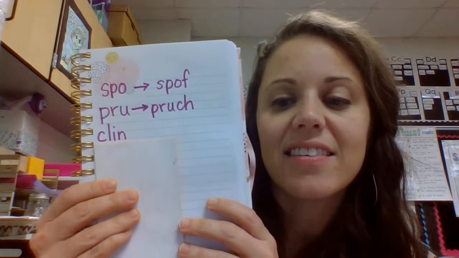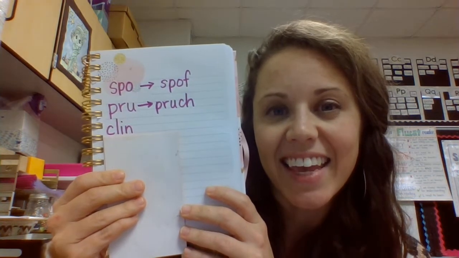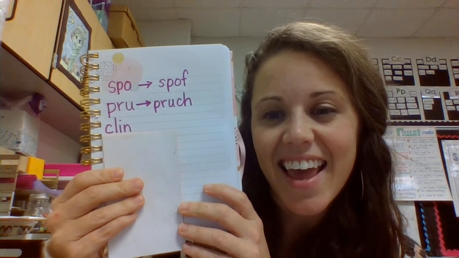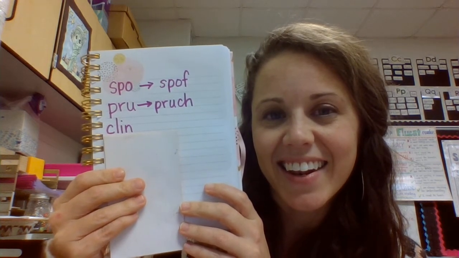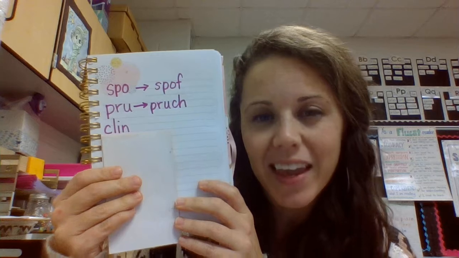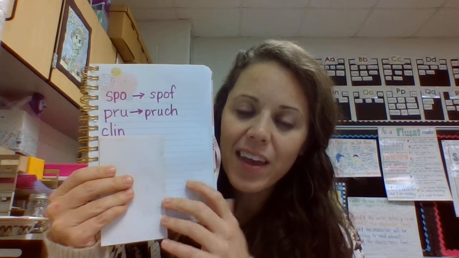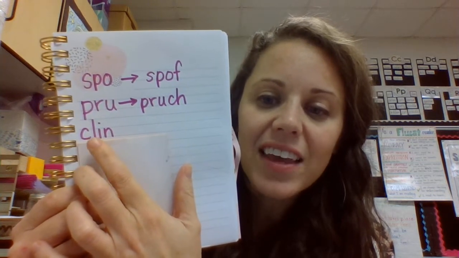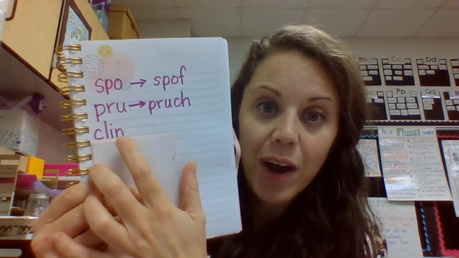Okay, the next nonsense word is C-L-I-N. C-L-I-N. Write that in your notebook and then try to read it. What kind of syllable is this? Short or long? Definitely. Do you see how we have the I with the consonant right behind it?